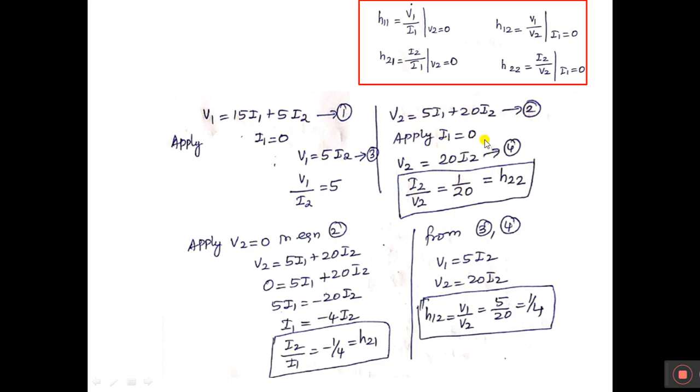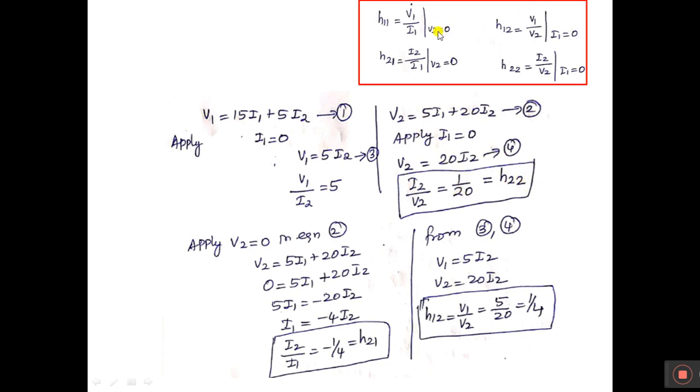Then apply I1 equal to 0 in the second equation: V2 equals 20 I2. Now find any relation between V2 and I2. Yes, H22 is there, so I2 by V2 becomes H22. So I2 by V2 equals 1 by 20, that is H22. So now we found H22.